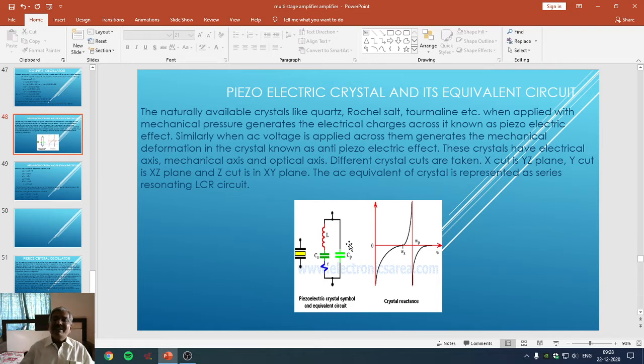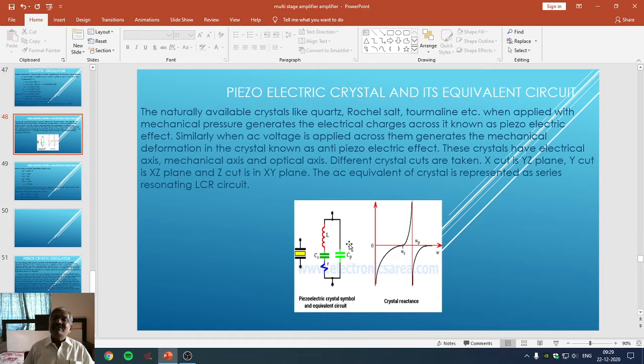Friends, we know the three axes, x, y and z. By using those axes, for an x-cut crystal, the cut is in the yz plane. For a y-cut crystal, it is cut in the xz plane. For a z-cut crystal, it is cut in the xy plane.